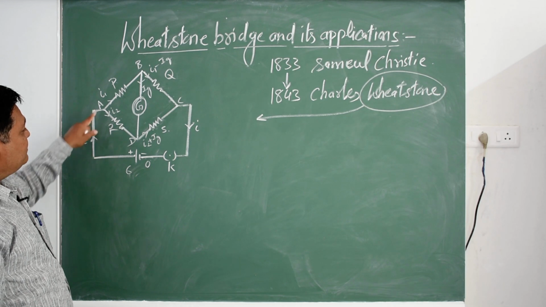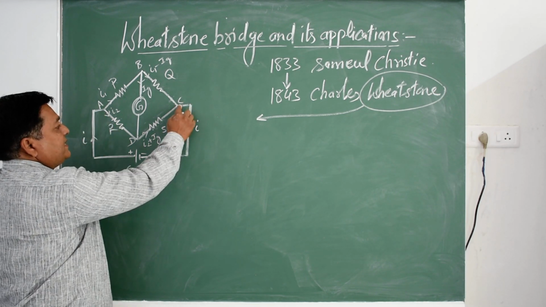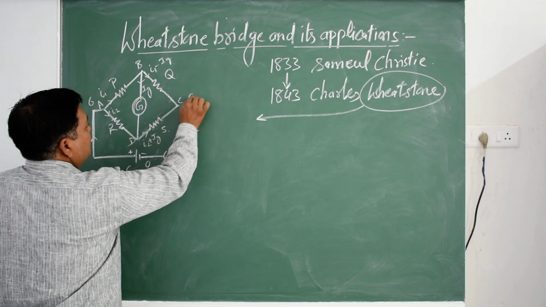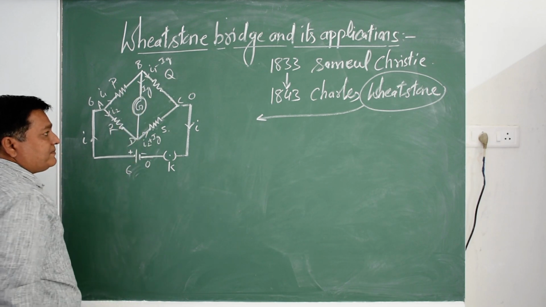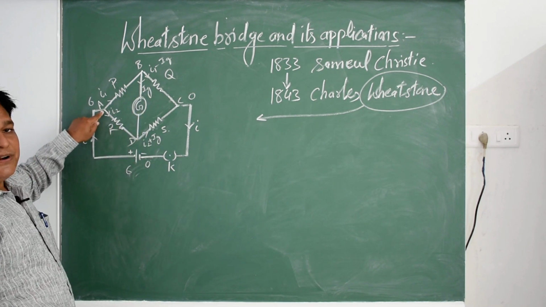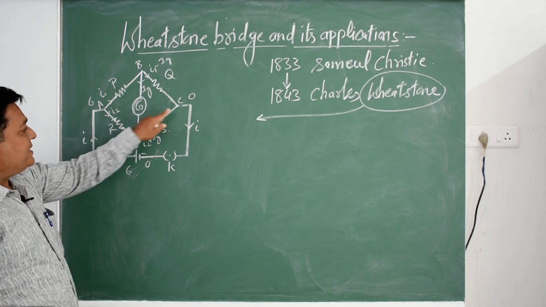The same terminal is attached to A here, and this terminal is attached to C here. So the potential 6 will be at A and the minimum potential 0 will be at C. So a potential difference is created across the terminals AC of the Wheatstone bridge.